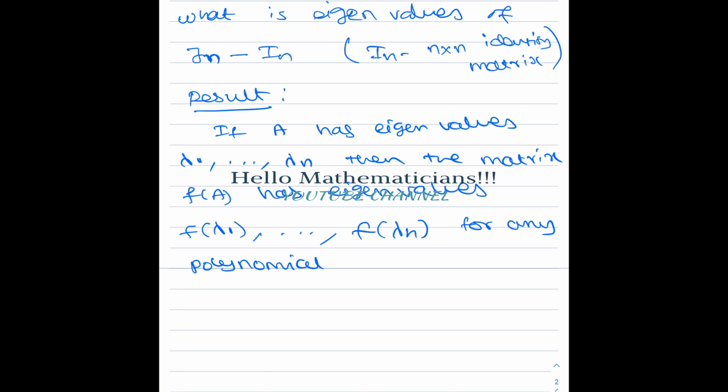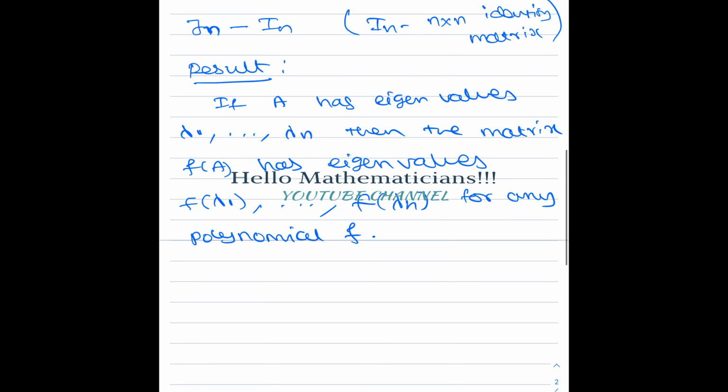Okay, so this is a more general result. I should assume that A is a real matrix, then f is a real polynomial, and so on. But you know this result, so I'm just writing it roughly.